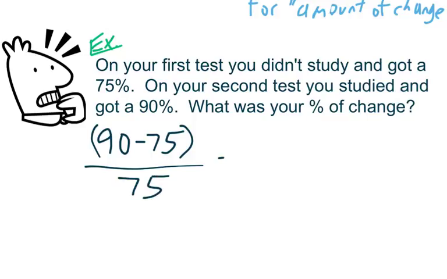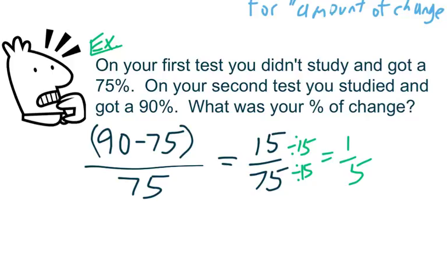And then order of operations, I do the top part first, so I simplify my numerator and get 15 over 75. And I'm going to make my life easy before I divide. I know that 15 goes into 75, 15, 30, 45, 60, 75, and that's 5 times. So if I divide by 15, since it goes evenly, 15 divided by 15 is 1, and 75 divided by 15 is 5.